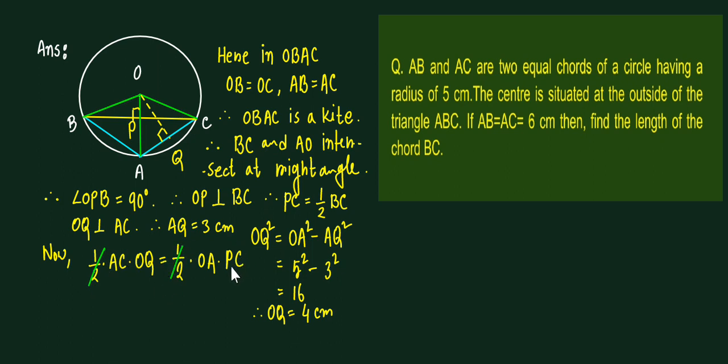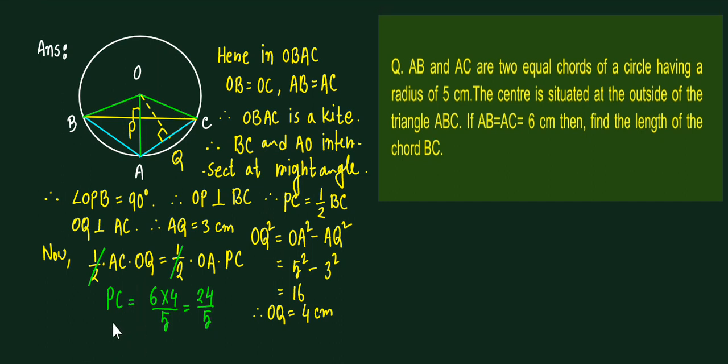and as we want to find PC, so we are writing PC equals to AC into OQ by OA. The value of AC is given in the question, that is 6. OQ we got 4, and OA again radius 5, so 6 into 4 by 5. So we are getting 24 by 5.